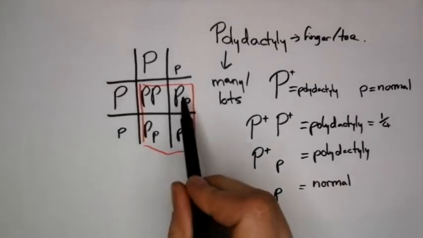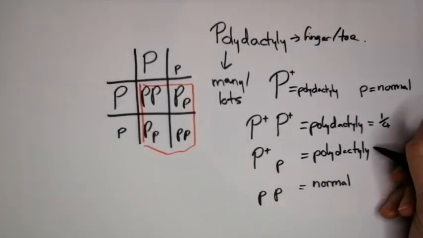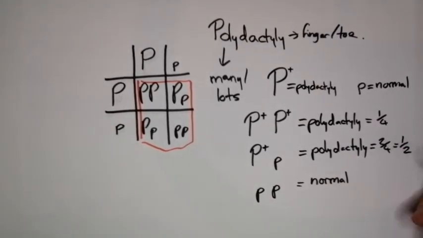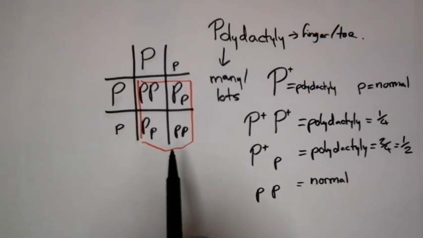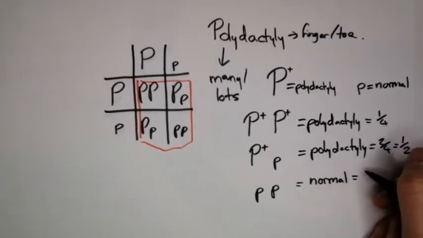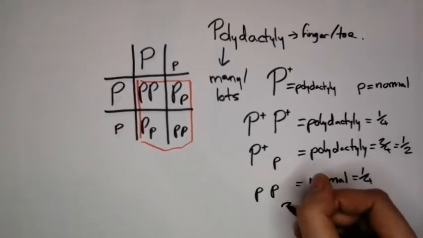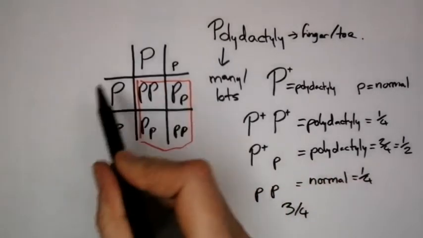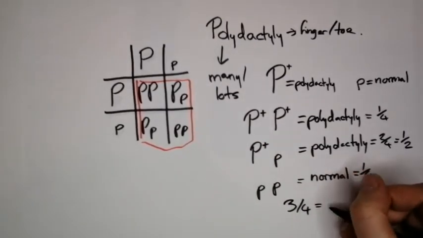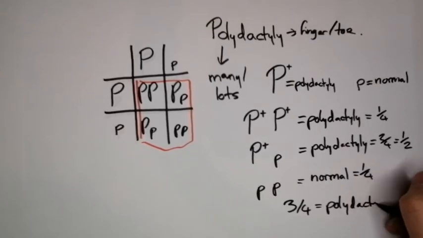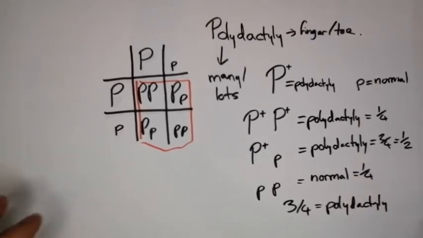Big P, little p, we've got 2 of those out of 4, so that is going to be 2 out of 4, or you know what, I'm going to simplify it and go to half. Little p is 1/4. That means, though, that actually, phenotype-wise, 3/4 of that population born from these parents would have polydactyly. Whereas only 1/4 would be without.